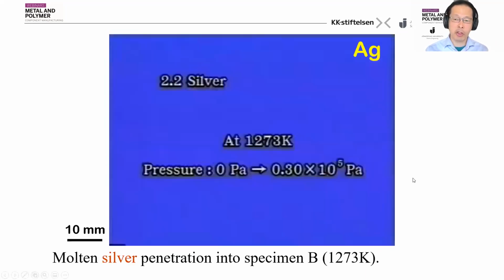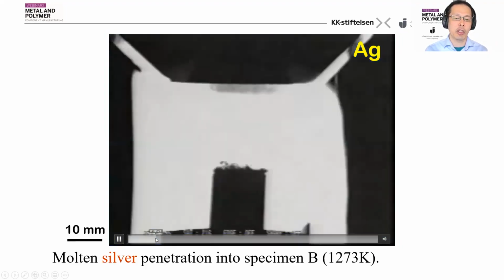And the next example is molten silver at 1000 degrees Celsius. It's somewhat similar. Here we have the cylindrical shaped porous media. And here, this dark part is the molten silver. And here is the interface between metal and porous media. And now it's slightly penetrated into the porous media here, as you can see, at lower pressure.